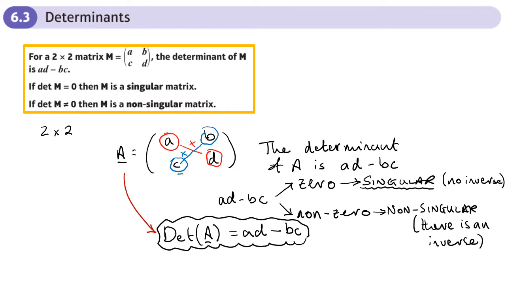You can do this on your calculator. If you press menu and click option 4, that's your matrix menu. You're allowed to store 4 matrices in there, A, B, C, and D. If I pick A, for example, I say it's got 2 rows and 2 columns. You then enter the value of each element and press equals.